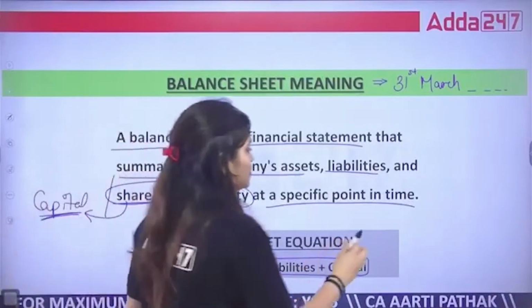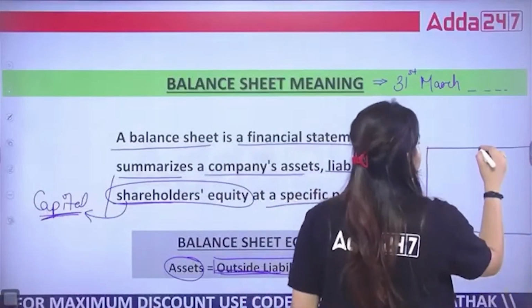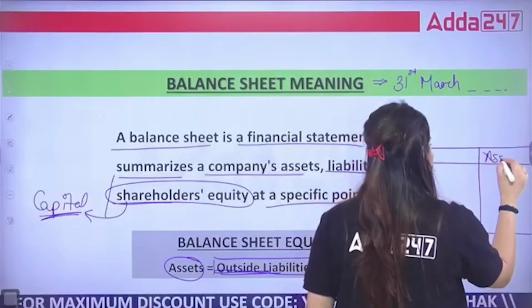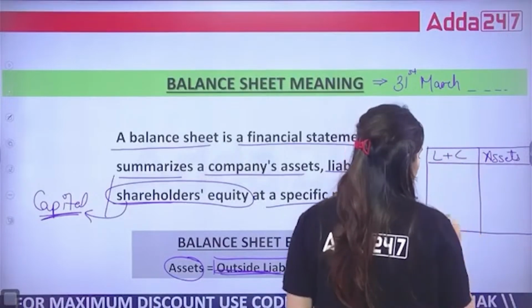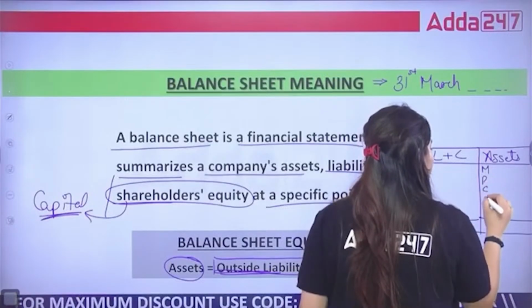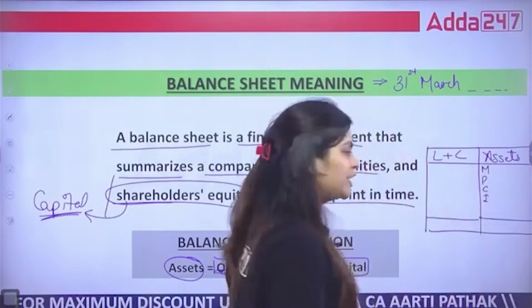And if I talk about the extract of the balance sheet, generally, in a horizontal balance sheet, this is assets, and this is liabilities plus capital, correct? Here all your machine, plant, cash, investments will come, on which you have ownership and control.